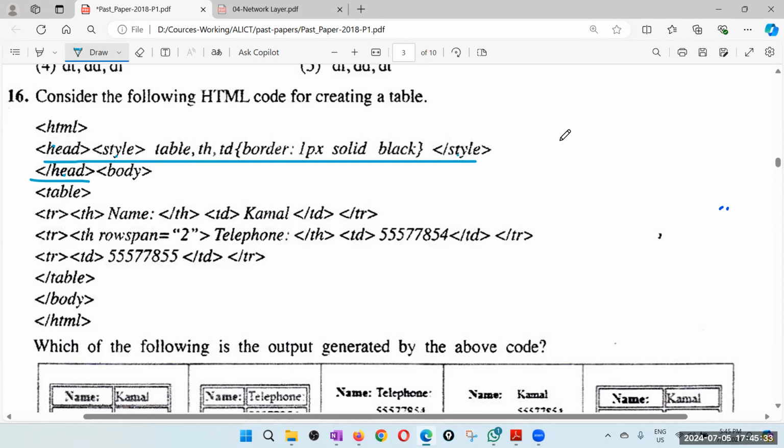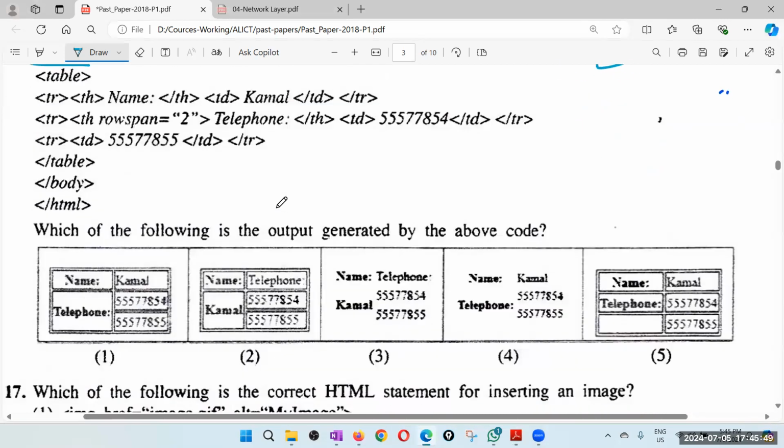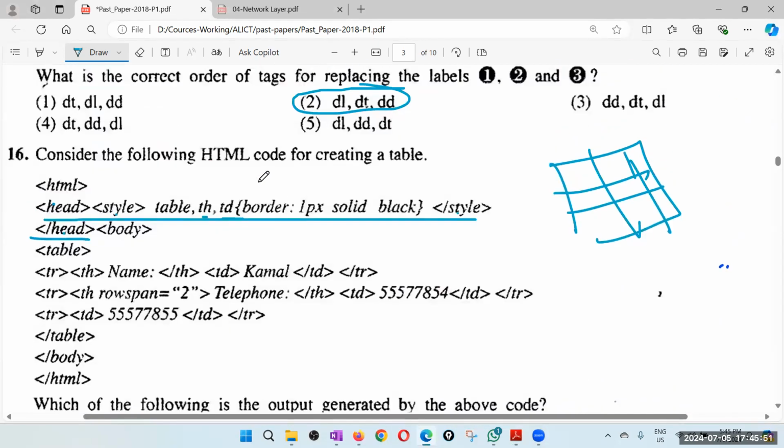So the border must be everywhere, not just outside. All rows and columns must have borders because th and td, both are there.